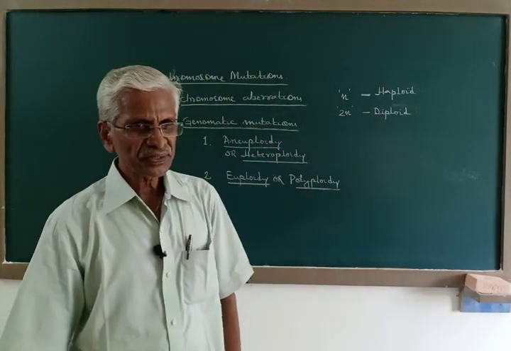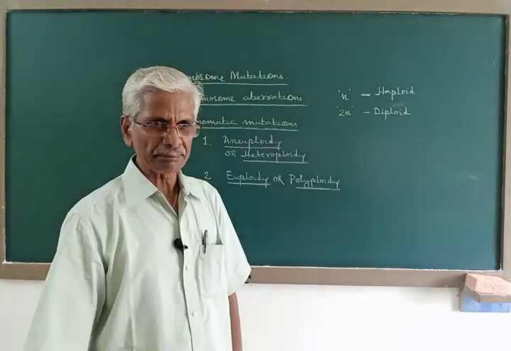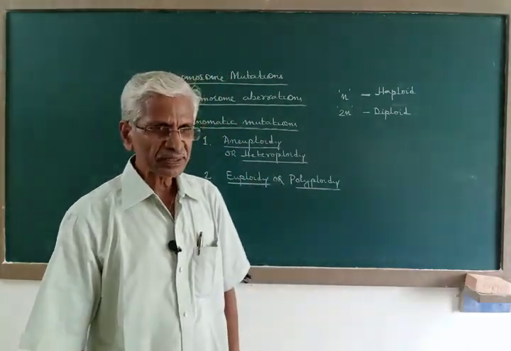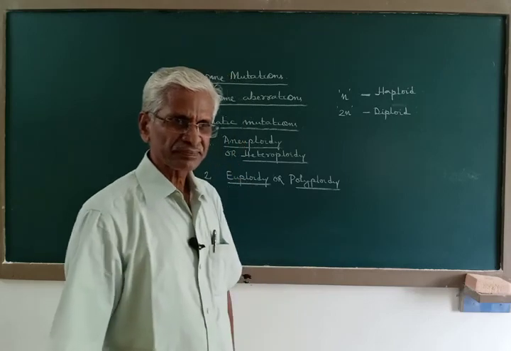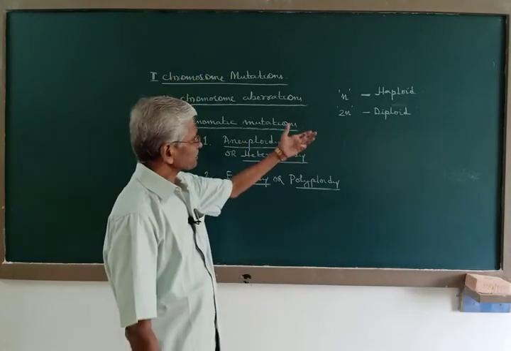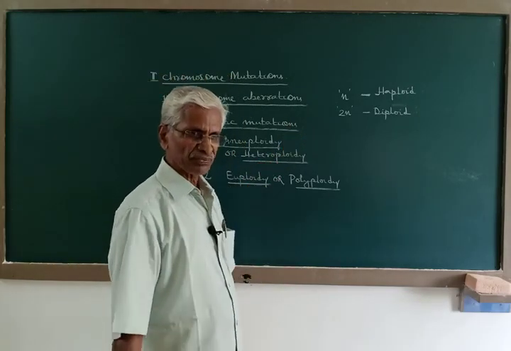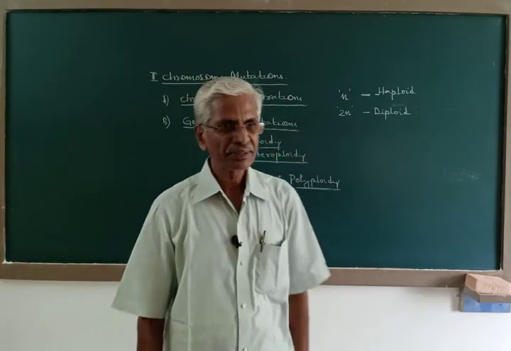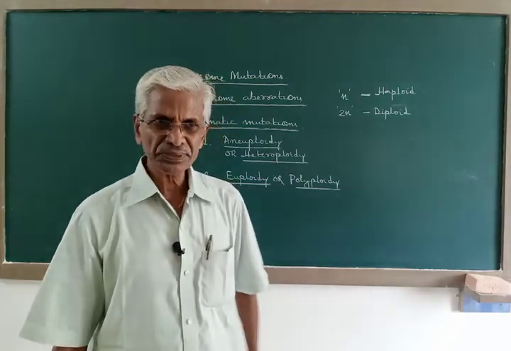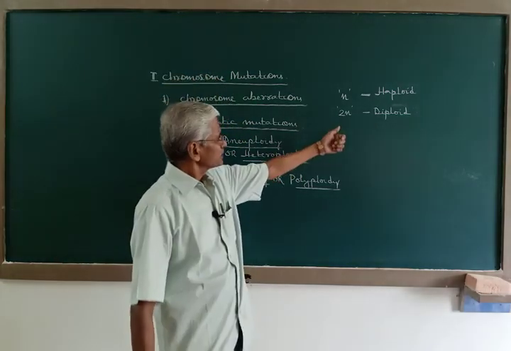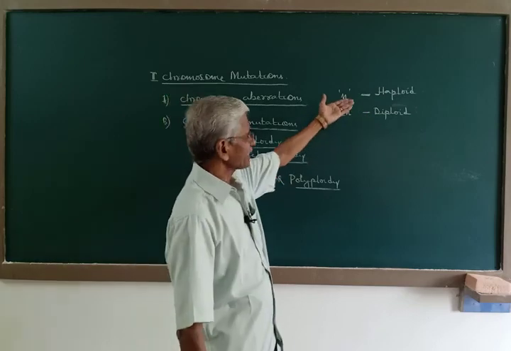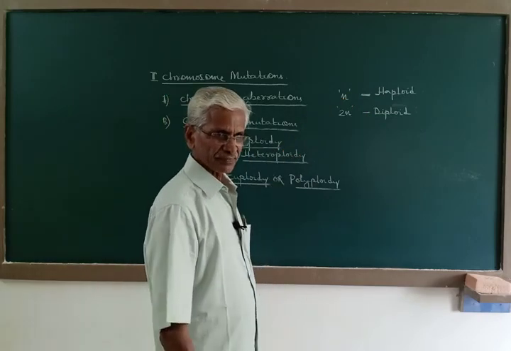In other words, the different chromosomes present in them appear in pairs. Whenever the chromosomes appear in pairs, with 2n number of chromosomes, it is called diploid. So organisms are diploid, and the gametes they produce are haploid.